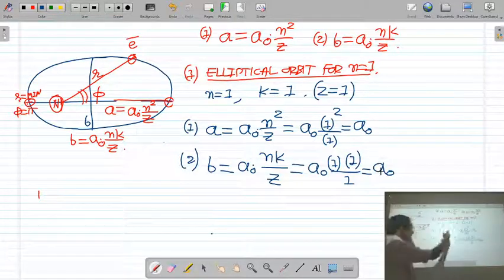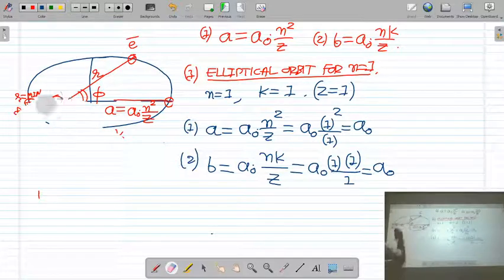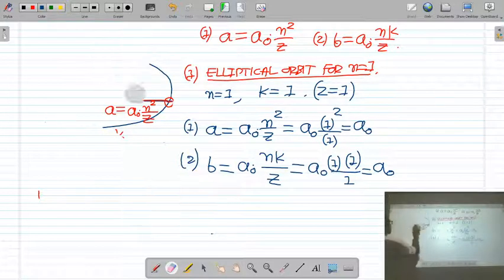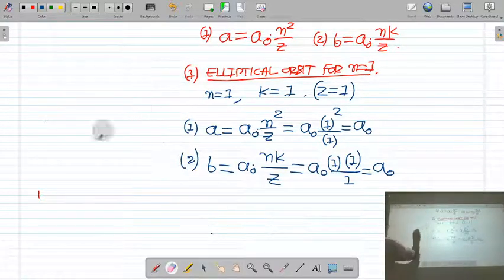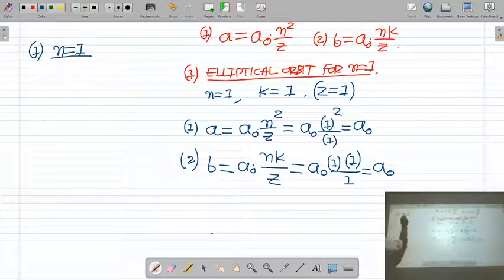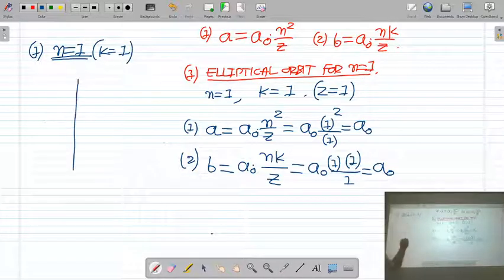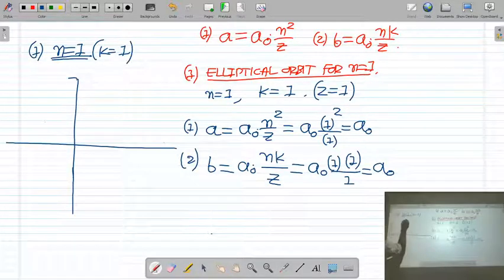So the semi-minor axis is also a0. Now if you draw the elliptical orbit, it will be like this. For n is equal to 1, k is equal to 1, your orbit will be a circular orbit.